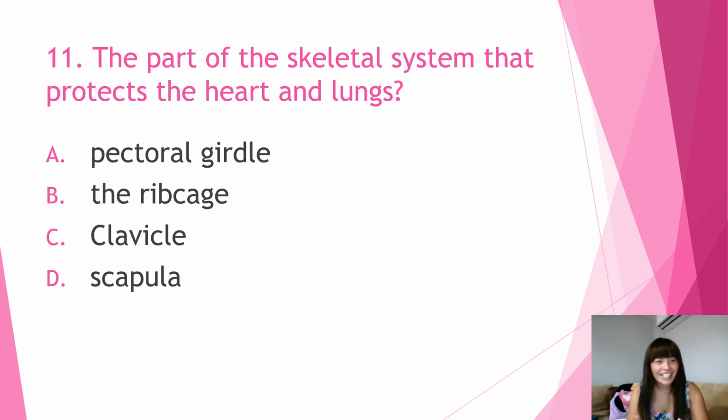Okay, the answer is the rib cage. The rib cage is the part of the skeletal system that protects the heart and the lungs. The clavicle acts to transmit forces from the upper limb to the axial skeleton.